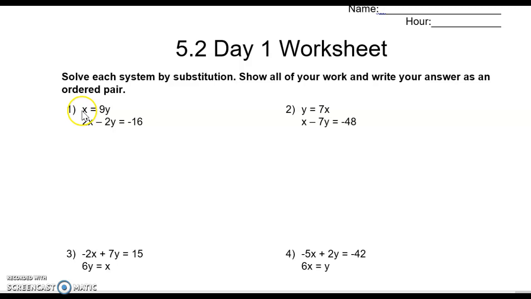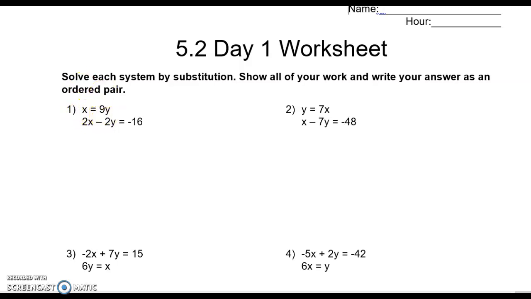We have two equations, x equals 9y, and then we have the second equation as 2x take away 2y equals negative 16. All right, so our goal was to first find an equation that has one variable equal to something else. We have that. We know that x equals 9y.